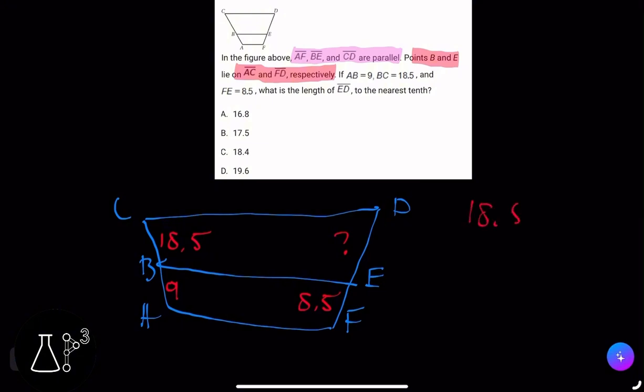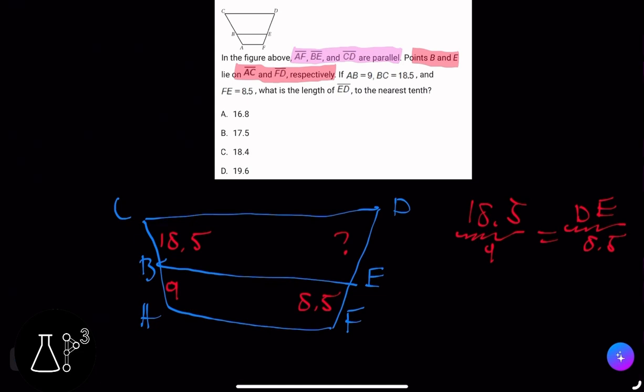18.5 divided by 9, which then equals DE divided by 8.5. So understand, I'm doing this to show you that the ratio of CB and AB will be equal to the ratio of ED and EF.